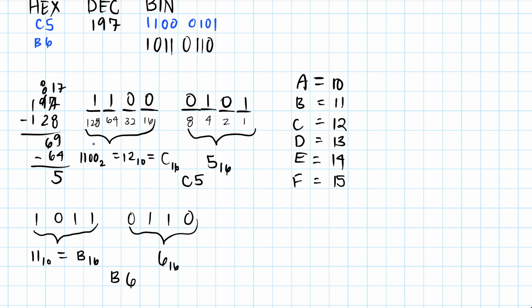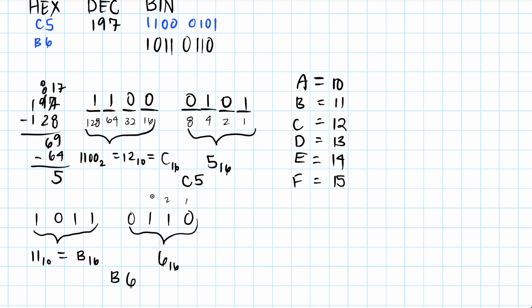Okay, so the last thing to do is convert binary to decimal. You can convert hexadecimal to decimal or binary to decimal. Either one is fine. For the sake of this example, we'll do binary to decimal. So keep in mind, I'm going to write the values for each of these binary slots on top.